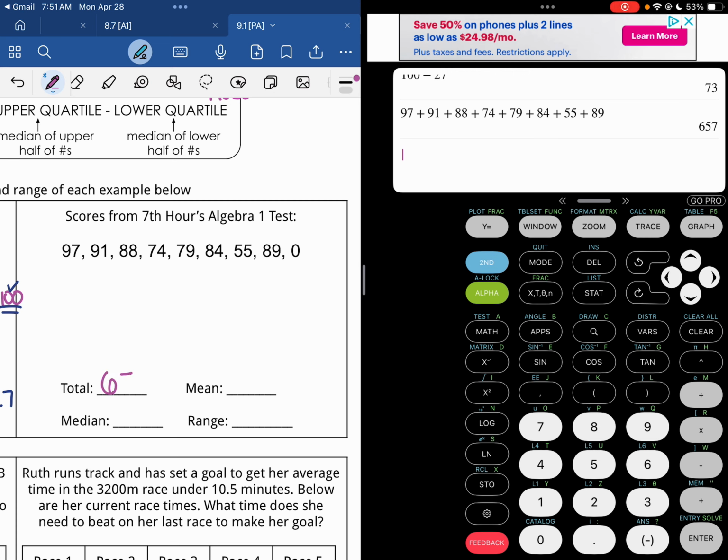So this one added up to 657. And to get the mean, I'm going to divide by 1, 2, 3, 4, 5, 6, 7, 8, 9. So there's only 9 people in this class. So their average was 73, or their mean was 73.